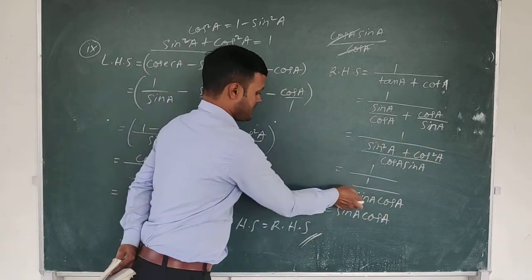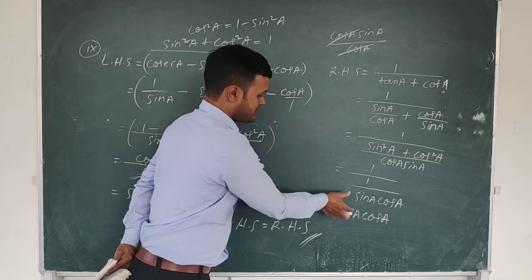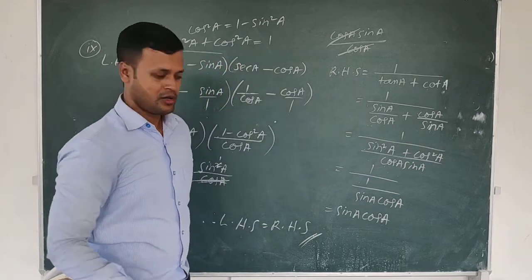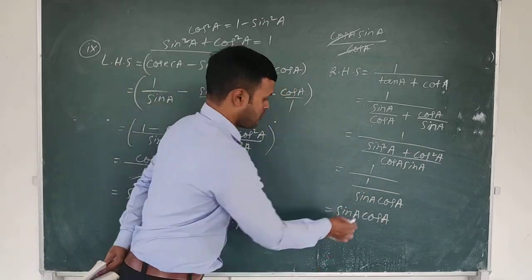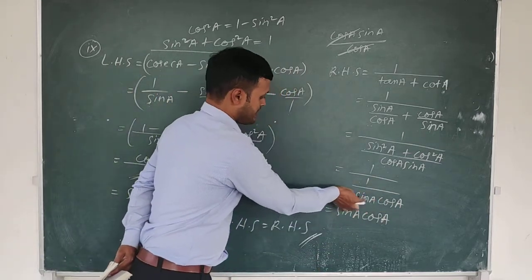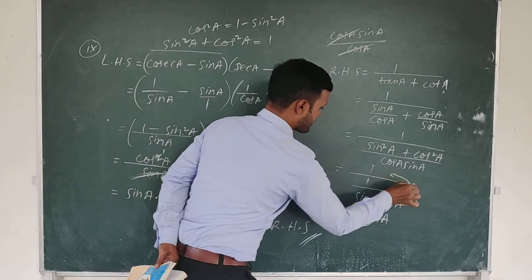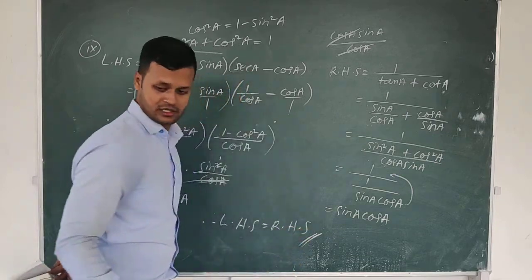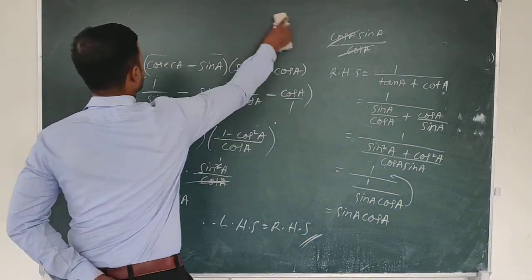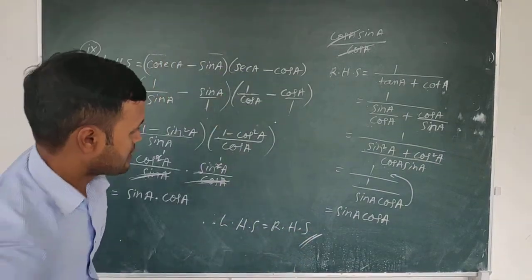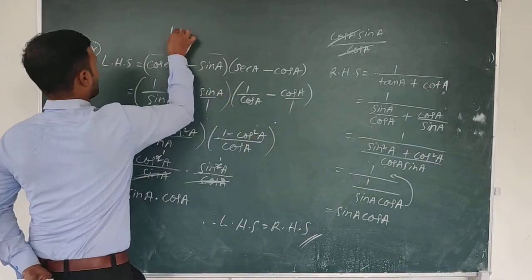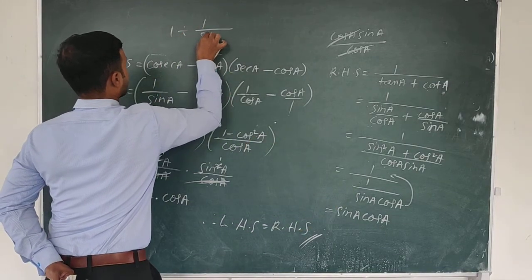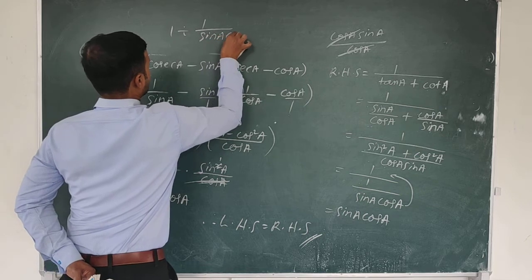So 1 divided by 1 by sin A cos A, that means the lower fraction will become reciprocal. So sin A cos A will go up here. This line means 1 divided by (1 by sin A into cos A).